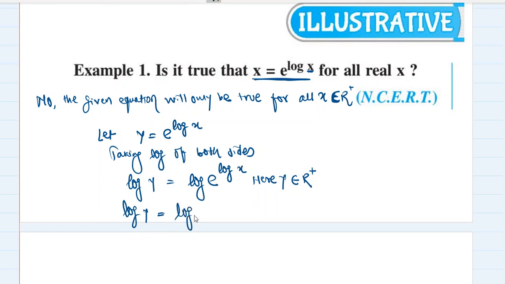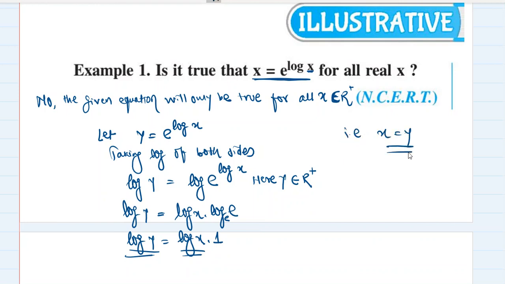So we get log of x multiplied by log of e. So no base is given to you, so you have to consider the base as e. Now log of e to the base e is 1. So we can say that log of y is equal to log of x multiplied by 1. That means log of y is equal to log of x, and that means x is equal to y.